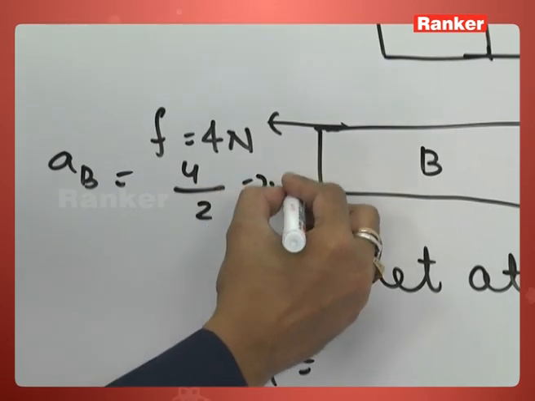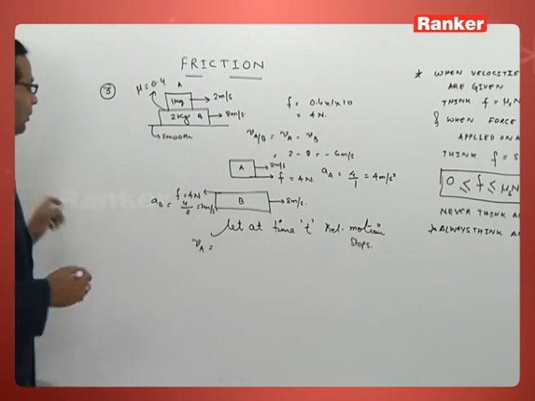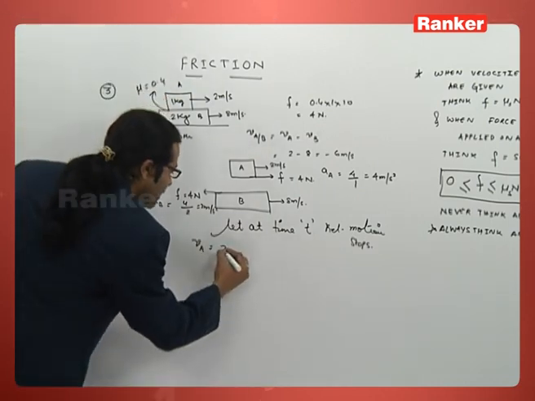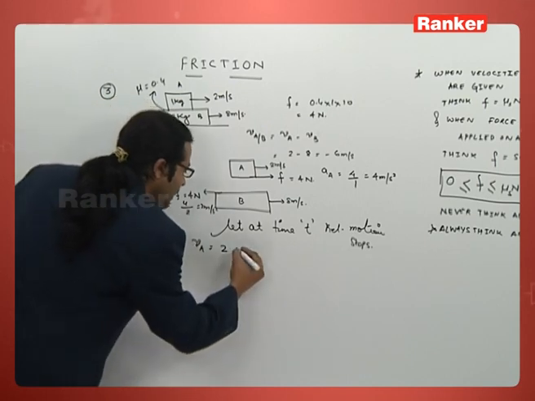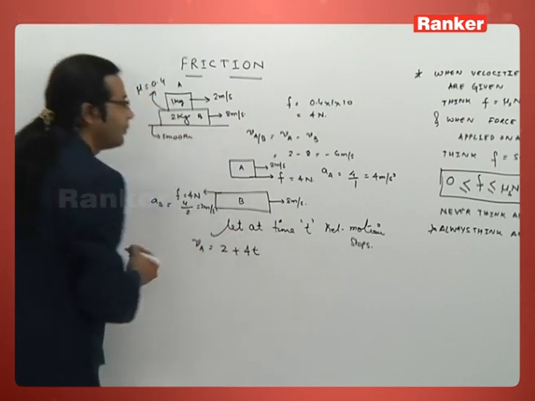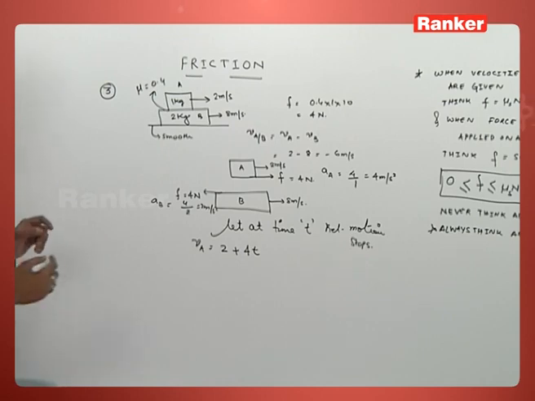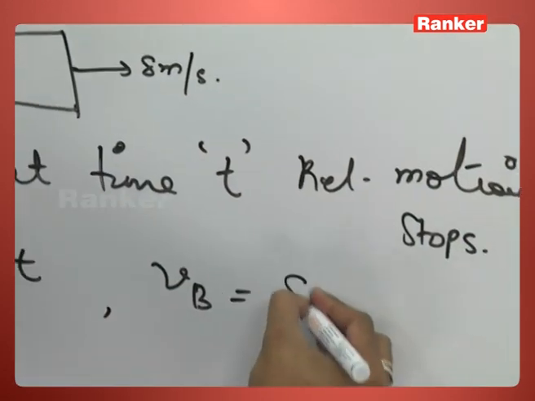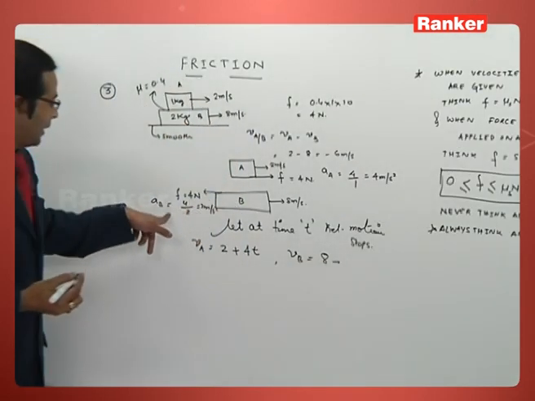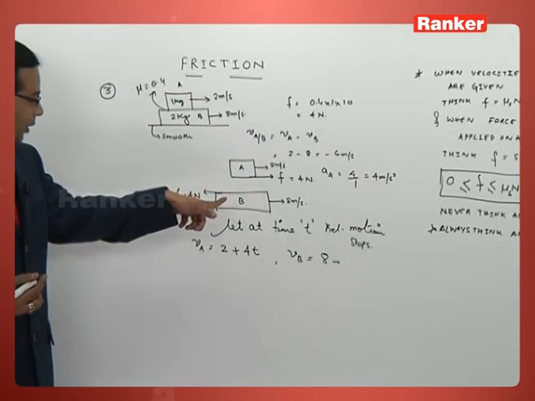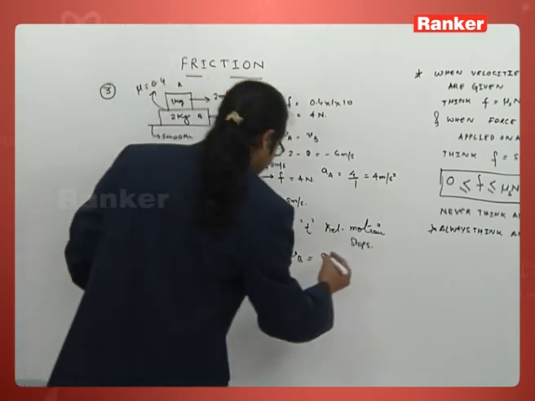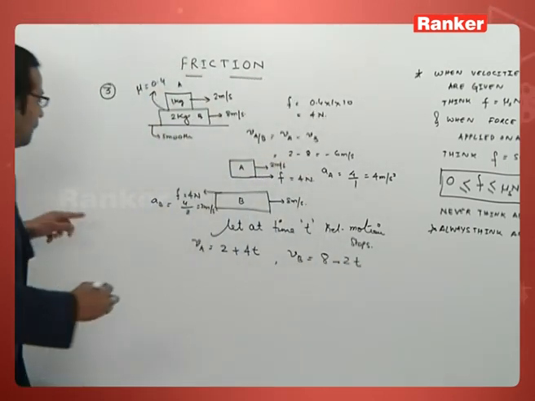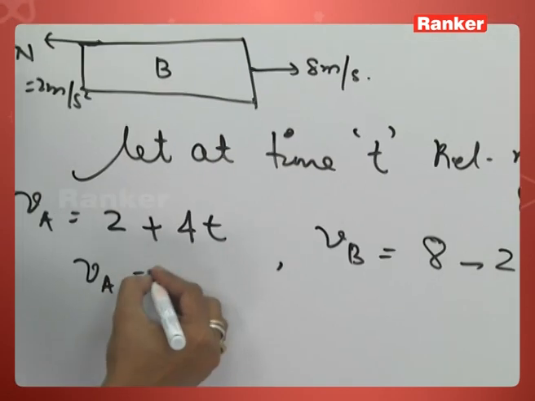This is 2 meter per second square. So velocity of A at any time t will be initial velocity 2 plus 4 into t. And velocity of B will be 8 minus 2t, because this frictional force is retarding block B. Now when the relative motion stops, VA must be equal to VB.